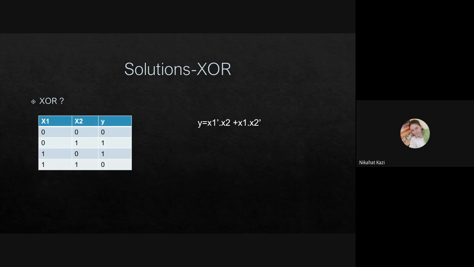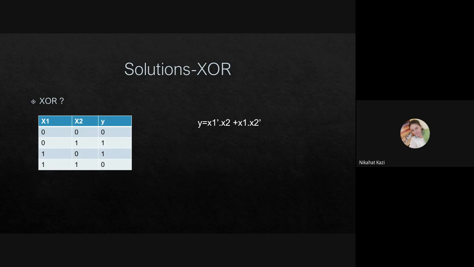But the same thing is possible by using the existing universal gates that we have, AND, OR, and NOT, and writing this XOR problem in terms of the universal gates, that is x1 dash x2 plus x1 x2 dash, XOR problem.